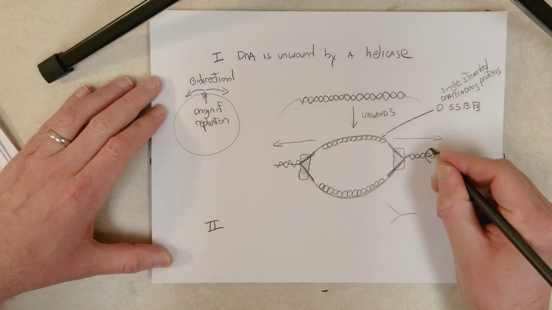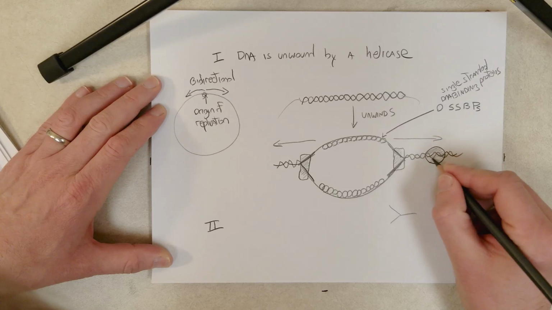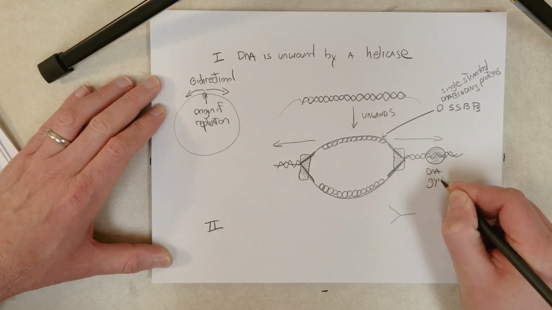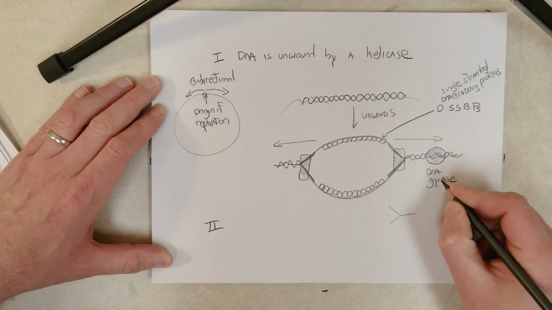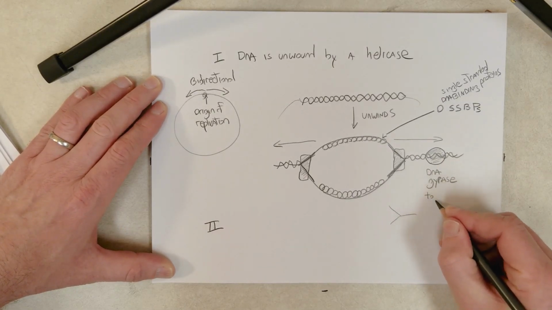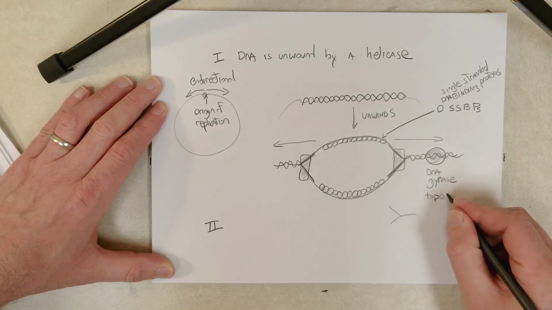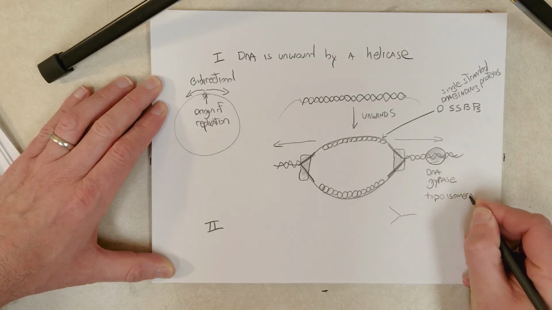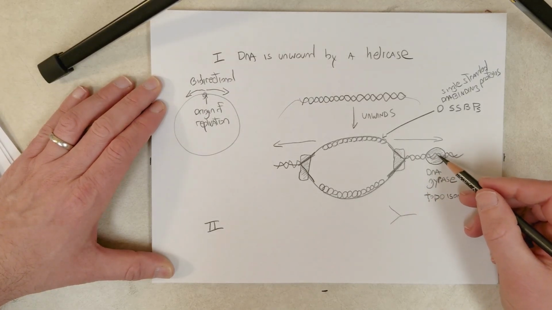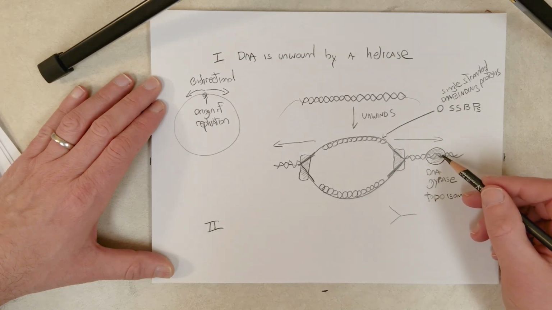And so we have an enzyme called DNA gyrase, or just gyrase. It's a special type of enzyme called a topoisomerase. What these do is they'll cut one strand and unwind the DNA a bit, and then they'll reseal the cut strand.